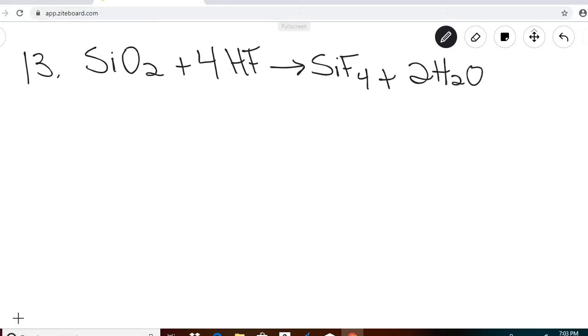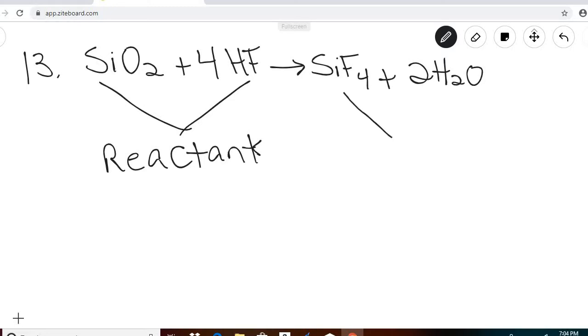Okay, so that's the equation we are given, and all we are asked to do is identify the reactants and the products. So these two would be the reactants, and this and the water would be the products.